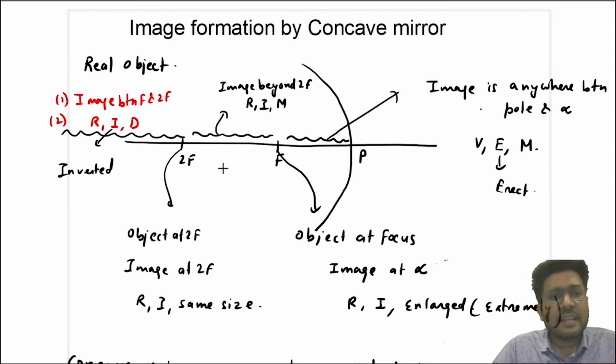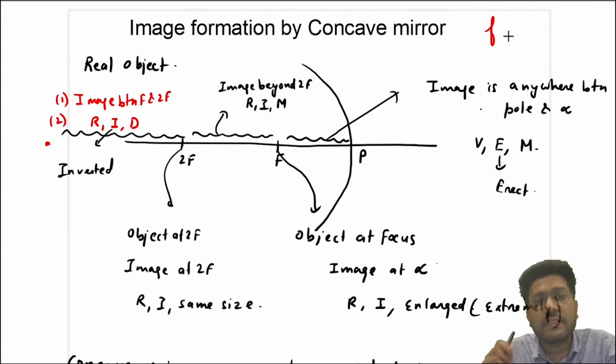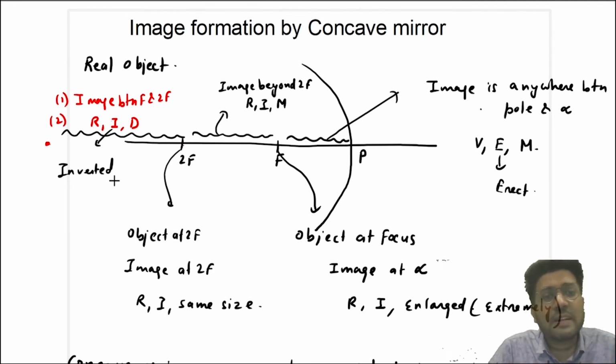The second thing is when the object is between infinity and 2f. 2f means the center of curvature. Why? Because f is equal to r by 2. We have already discussed f is r by 2. So r is equal to 2f. So that means 2f is the center of curvature. So when the object is between infinity and the center of curvature, in that case real image is formed.